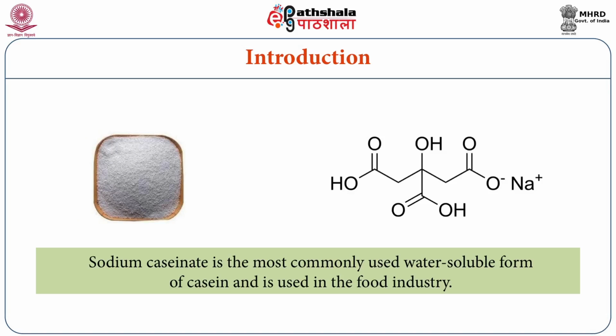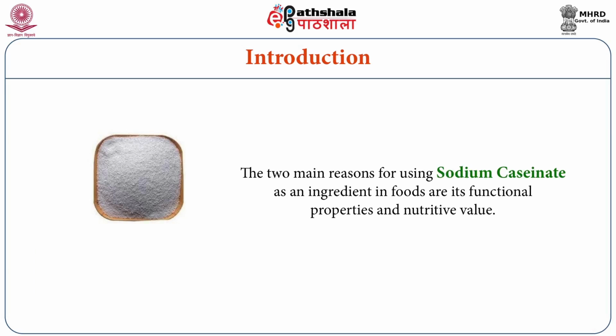Sodium caseinate is the most commonly used water soluble form of casein and is used in the food industry. The two main reasons for using sodium caseinate as an ingredient in foods are its functional properties such as whipping ability, emulsification property, water binding property, and its nutritional value since it has 2.5 protein efficiency ratio.